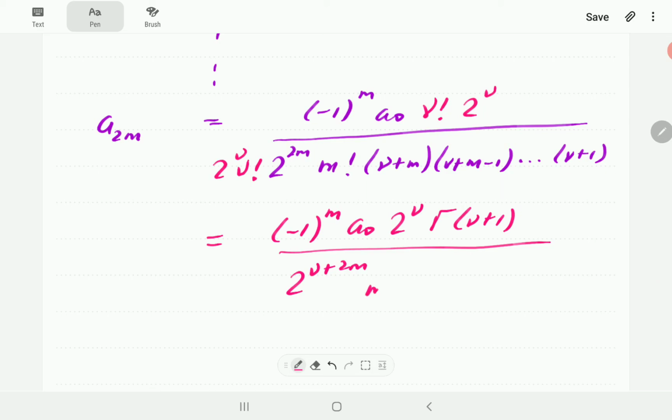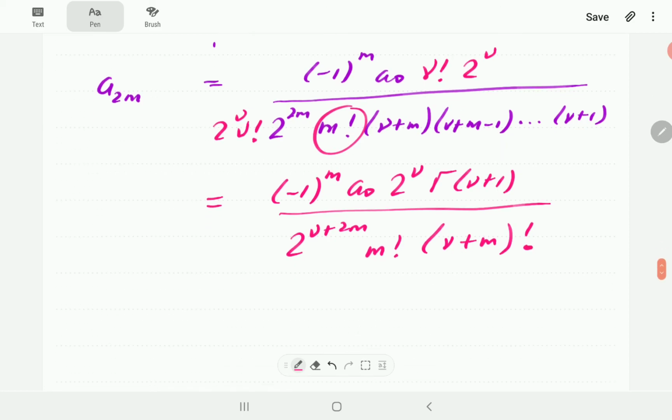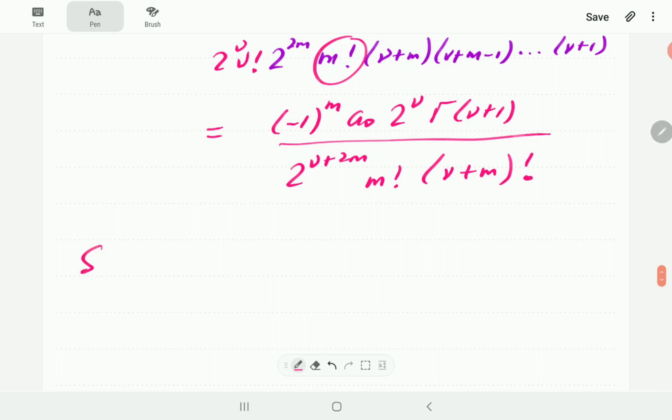And we're going to have m factorial, which is this term. And the last term is going to be m plus nu factorial, which is the gamma of nu plus m plus 1.